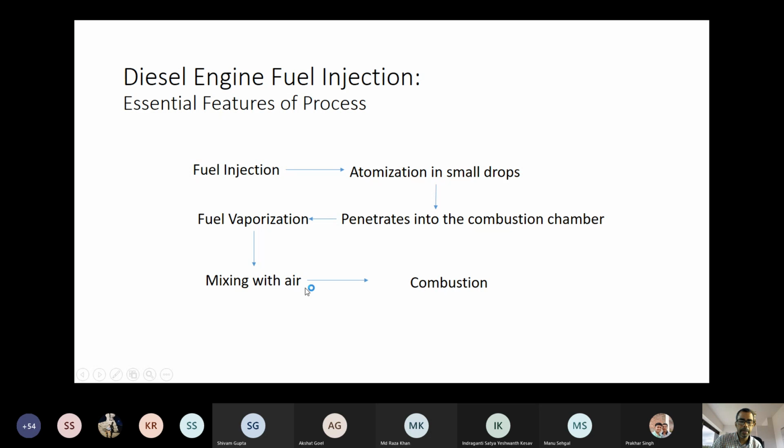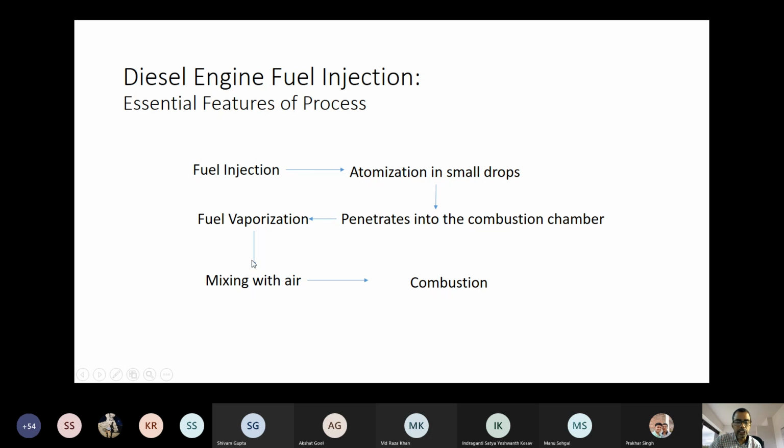Air movement, tumbling or swirling kinds of motion, distribute the fuel across the combustion chamber and form the air fuel mixture. Then, wherever the thermodynamic conditions are suitable, such as air fuel ratio, pressure and temperature, at that point the combustion will start.